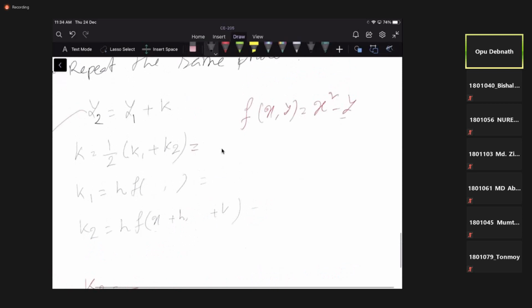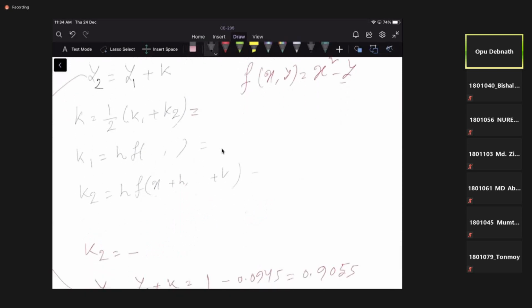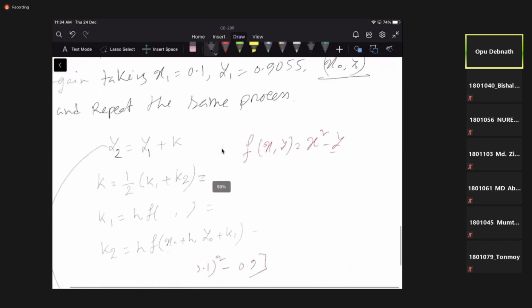Now for k1 at this stage, you will start from x1, y1. So k1 is h times f of x1, y1, where h is 0.1 as before and x1 is equal to 0.1 from the last step.